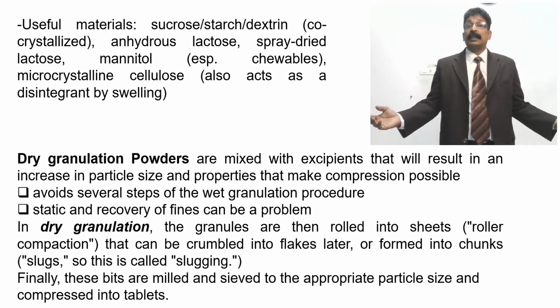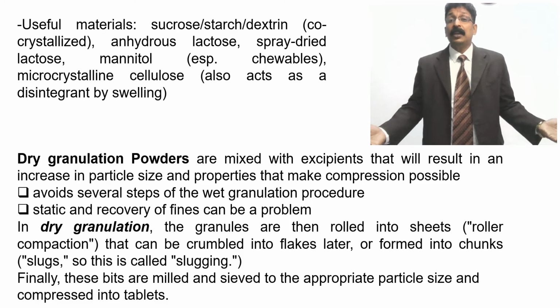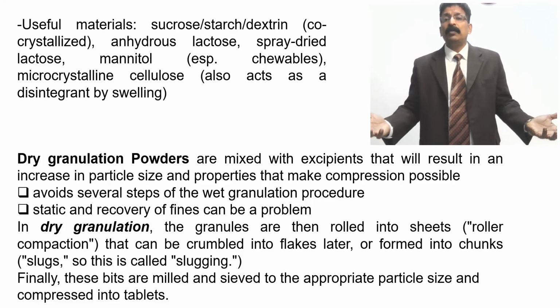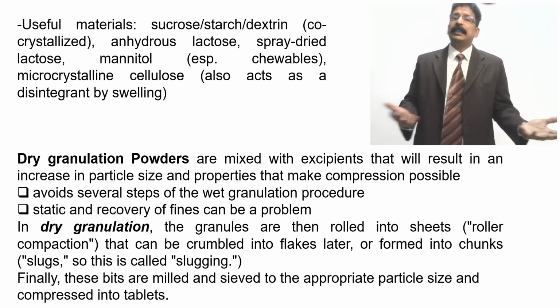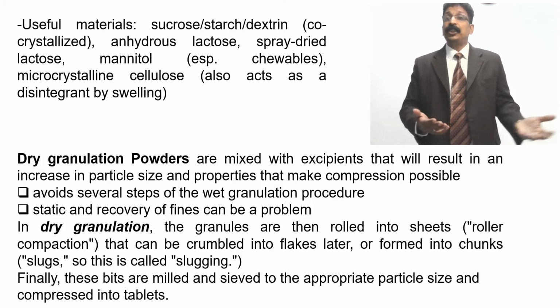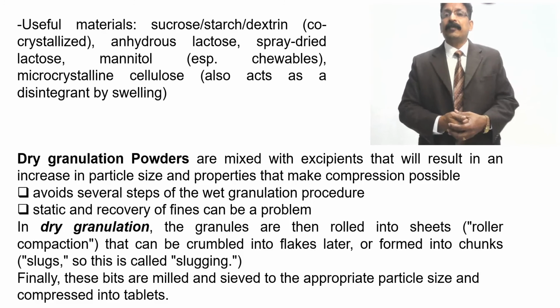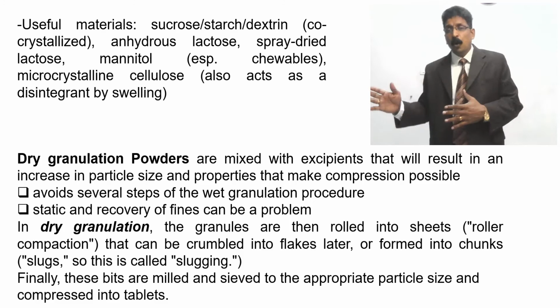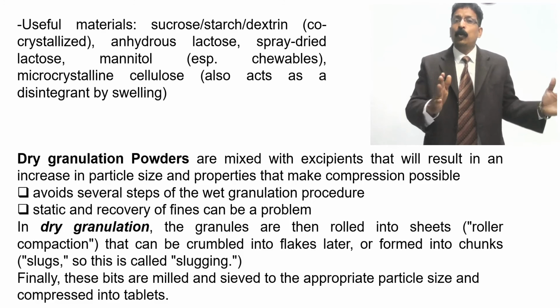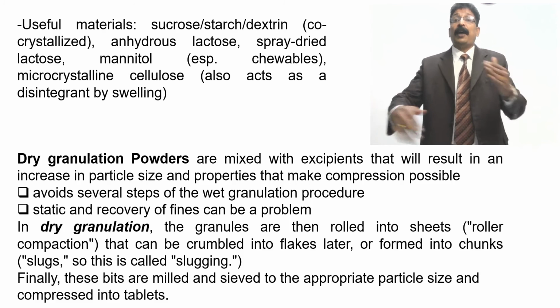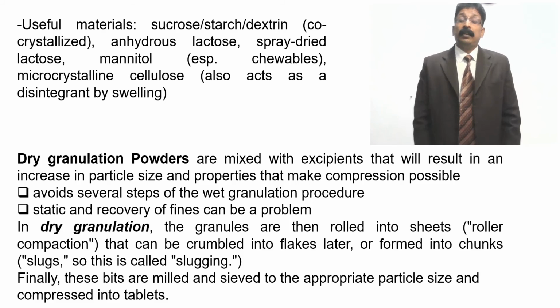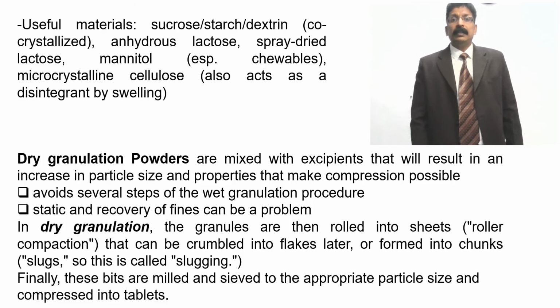You might have studied fines and granules in compression, which are the main problems. What percentage of fines can be allowed in a compression machine, you might have studied theoretically. When you go to a manufacturing unit, then you will understand. If the fines are more, then we immediately reduce them by adding some binder, and we also go for granulating again. And content variation we will also be studying.